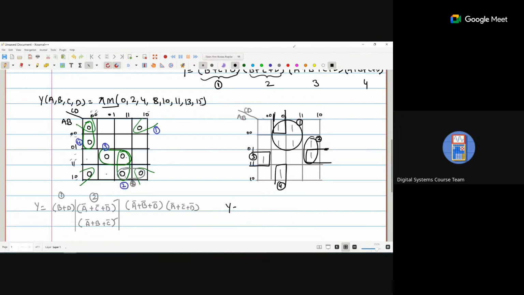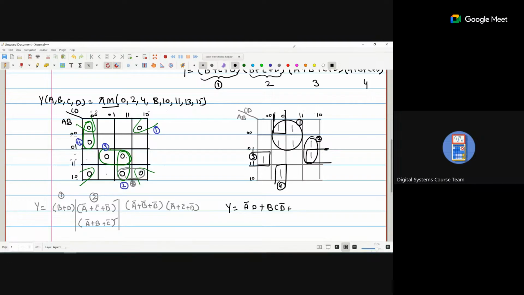So the equation Y is equal to, in a group of 4, A is constant but value is 0, so A bar, and D is constant, the value is 1, A bar D, plus second group, B is constant, so B, C is constant 1 and D bar.